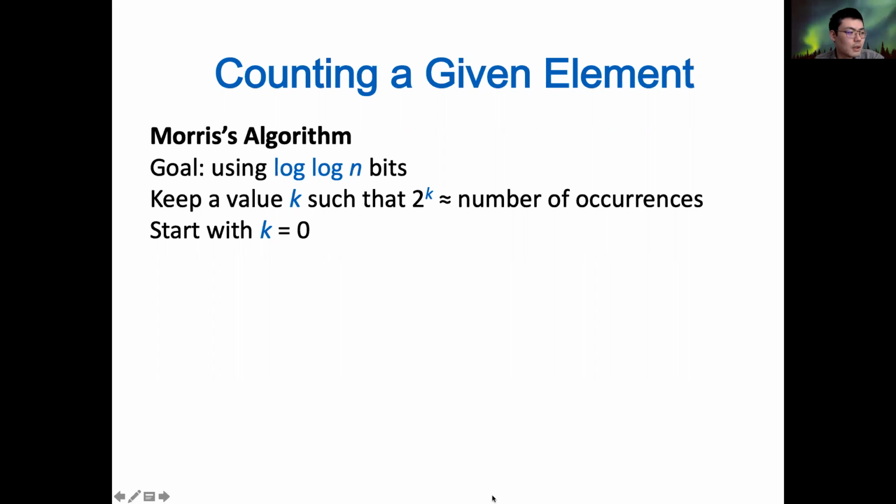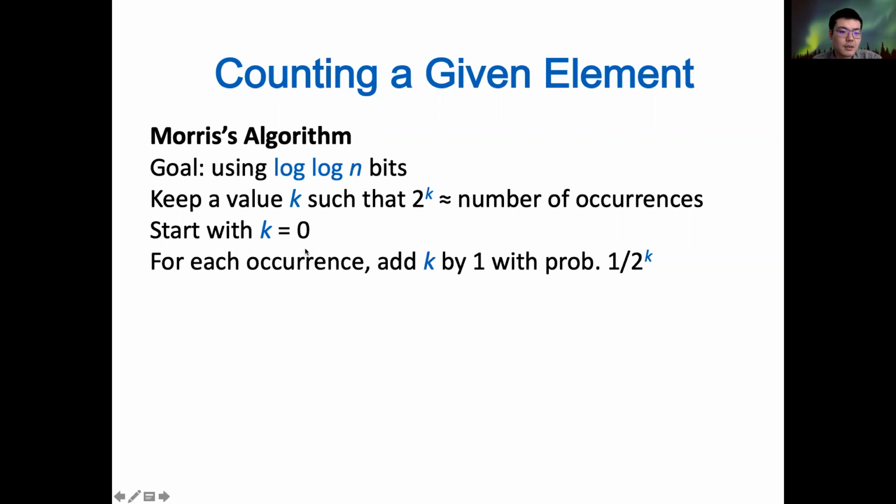So the solution, the algorithm of counting. Let me see. I think I should move on. Starting with k equal to 0, the counter starts at 0. When you see an item, you don't always add 1 to k when you see an apple.